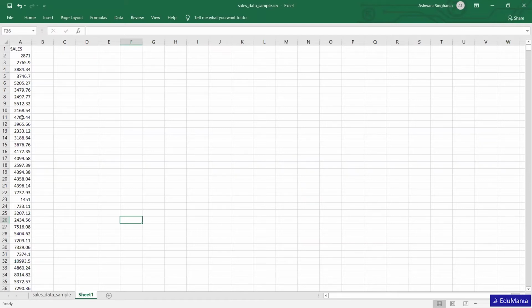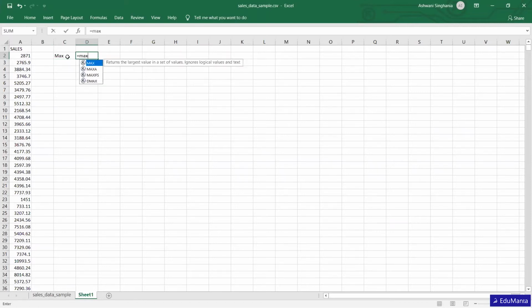For that we have to identify the outliers in this. So let's create the interquartile range. We can directly calculate it, but first let's calculate all the important elements of it.